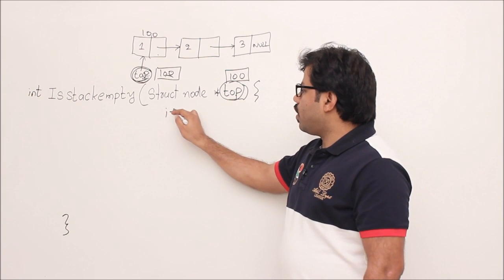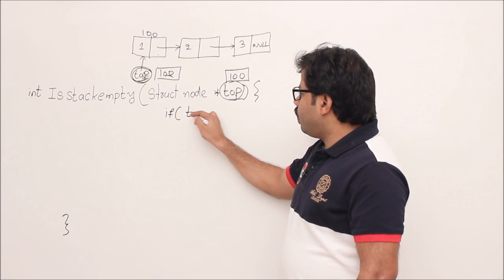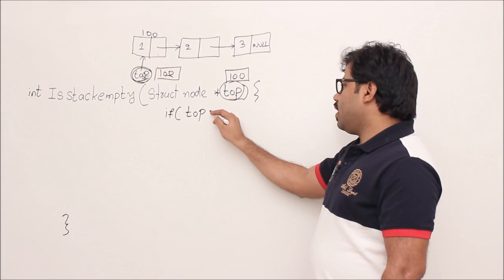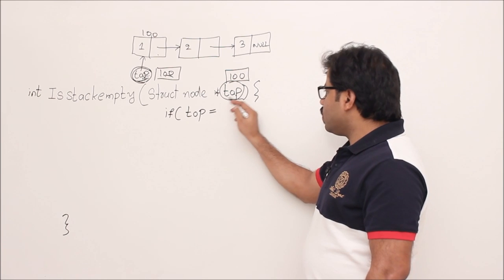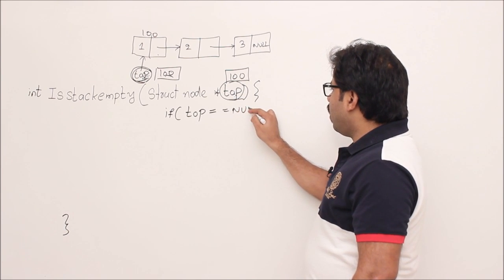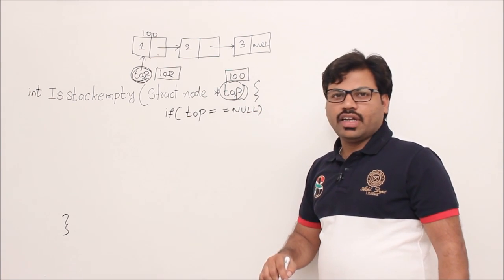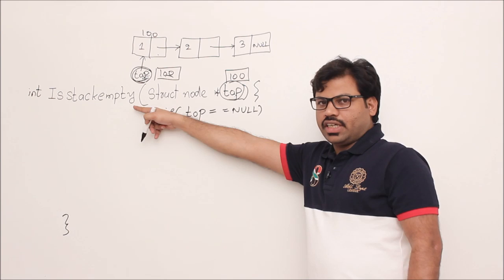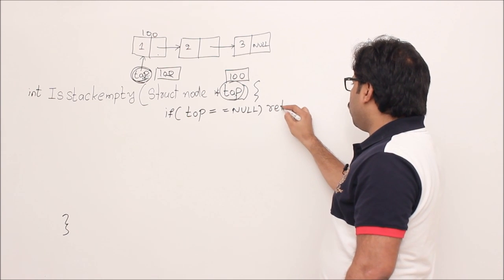Then the first step is to check top. This top and this top have the same value, so I can check anything, and I check this one, because only this one is visible to me. If this top is equal to null, then definitely the stack is empty, and the function, also checking that, simply says true.